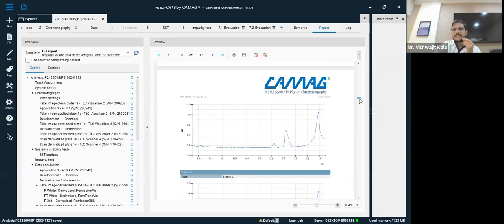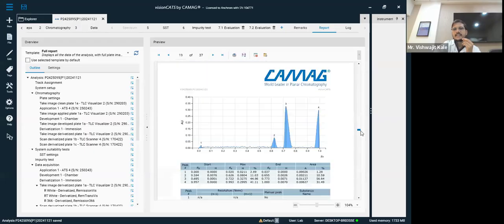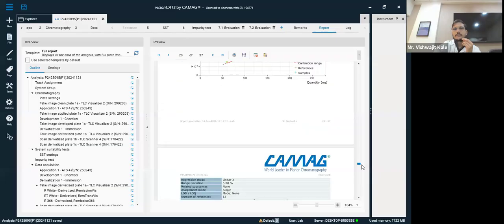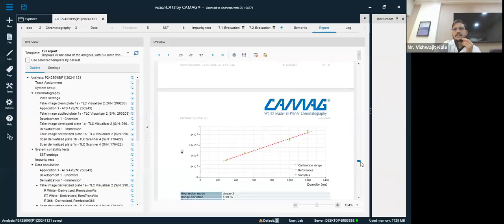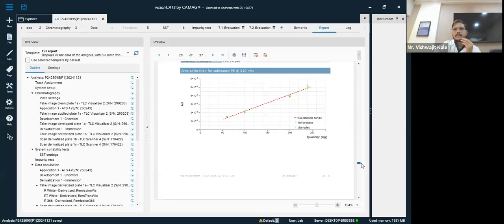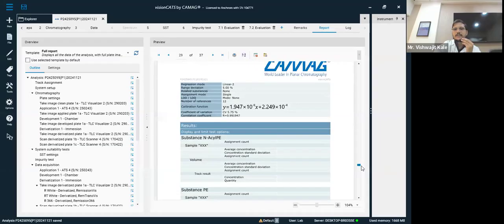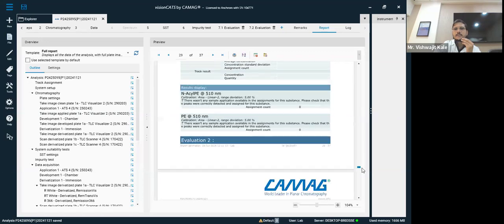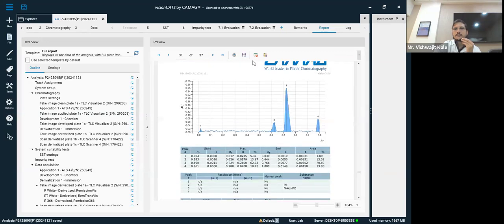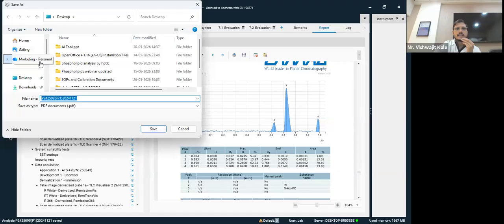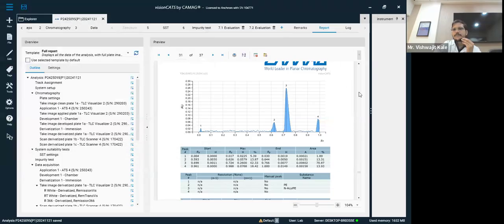So this is complete analysis report for the linearity checking of phospholipid impurities, phosphatidyl ethanolamine and N-acyl phosphatidyl ethanolamine. The results of linearity with CV value, R value and line equation you can see. You can simply export this report in PDF format and save in your PC.